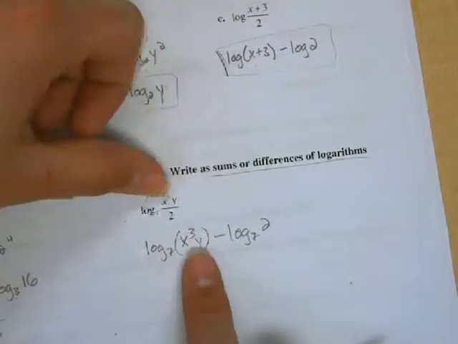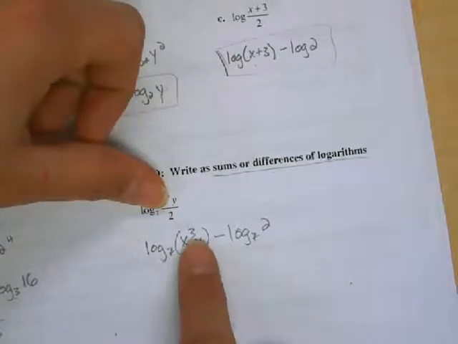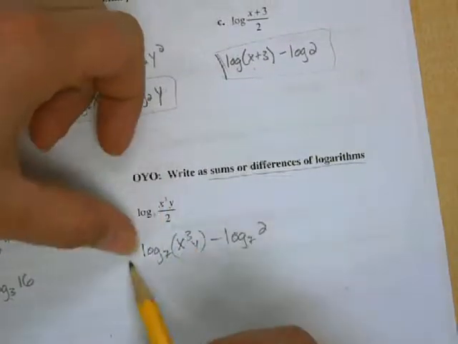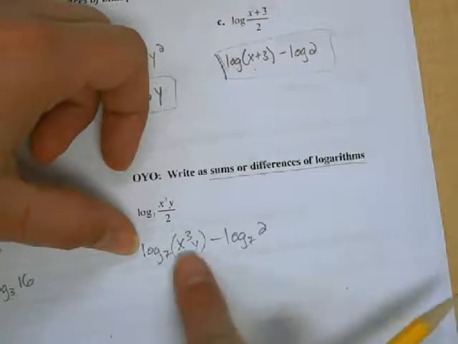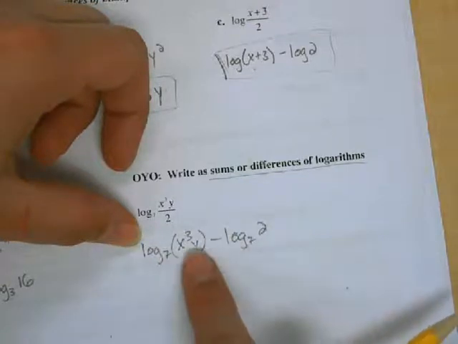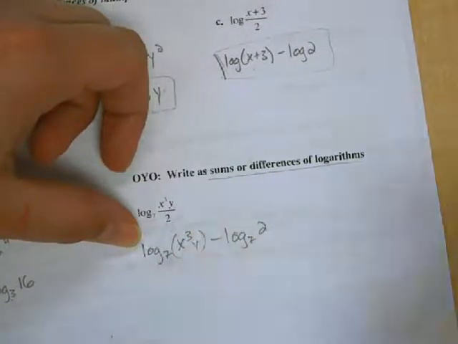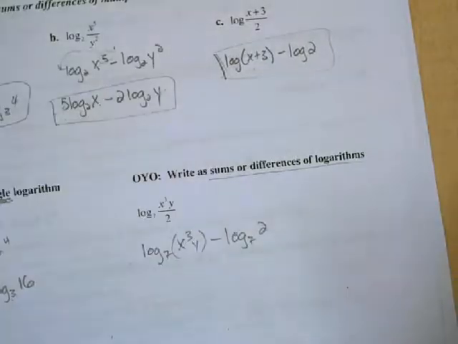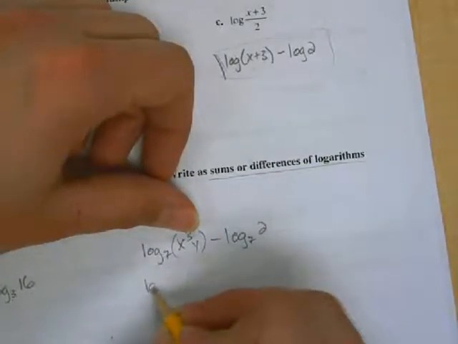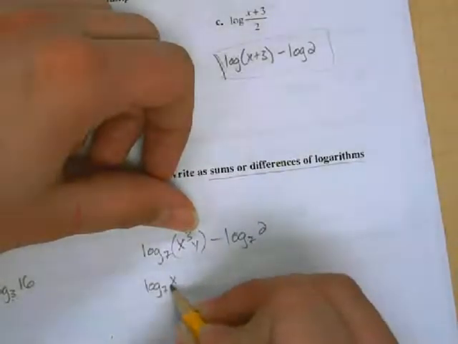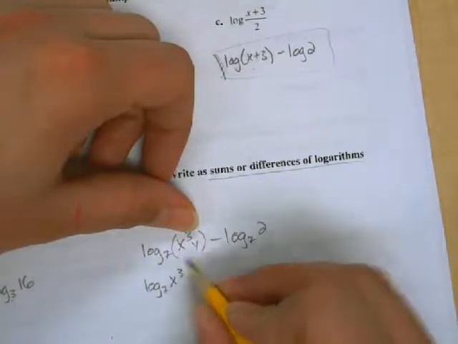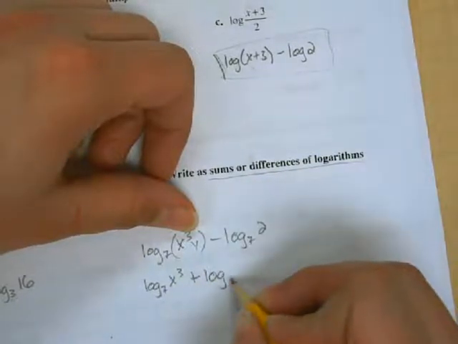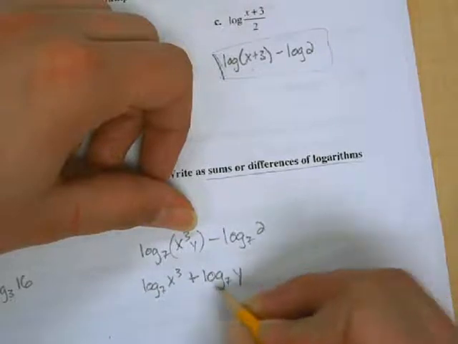I also have an exponent, but I can't move that yet, because if I move it right now, then that would mean that if I moved it back, I would get xy cubed, but the y is not cubed. So I can't move that yet. I've got to split the multiplication first. So we're going to go log base 7 of x cubed plus, because multiplication becomes addition when I expand, log base 7 of y.